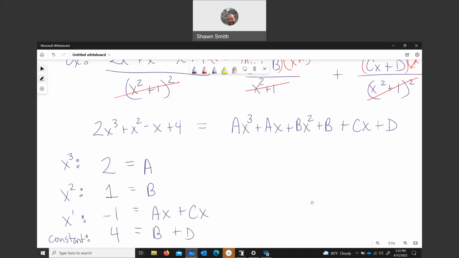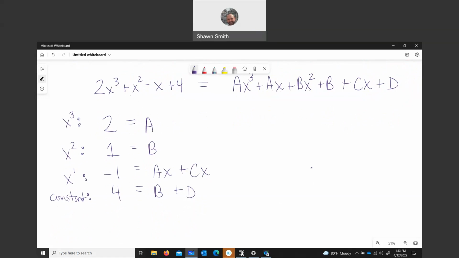All right, so a and b are both solved. We can solve for c right here. We don't have to do a matrix. That's fine. It makes it easy. Typically, when you get many variables like this, the numbers work out fairly nicely to where you don't have to do the augmented matrix. Not always, though. All right, so a is 2. I didn't need to put an x there. I don't know why I did that. Take that x off. We shouldn't have x's in there.